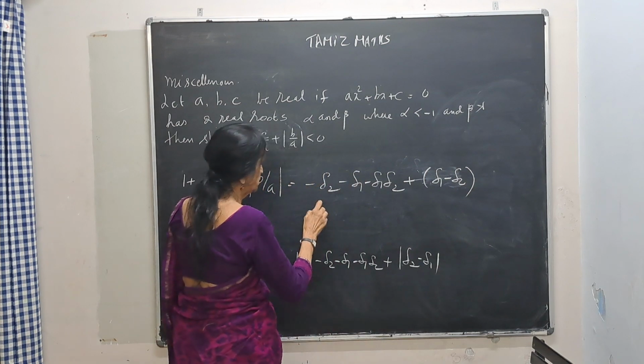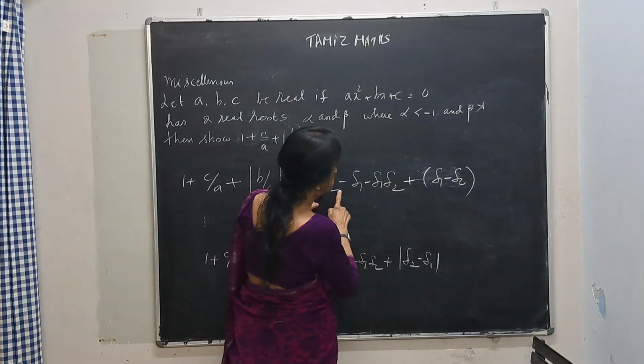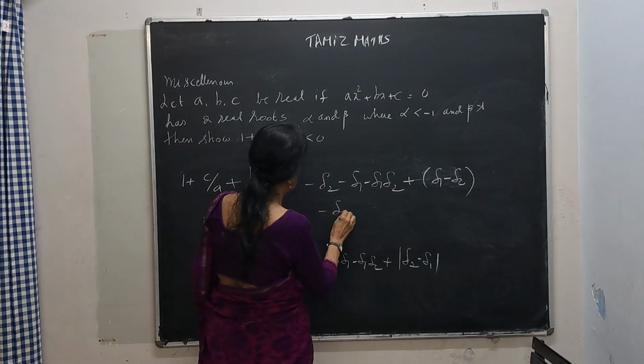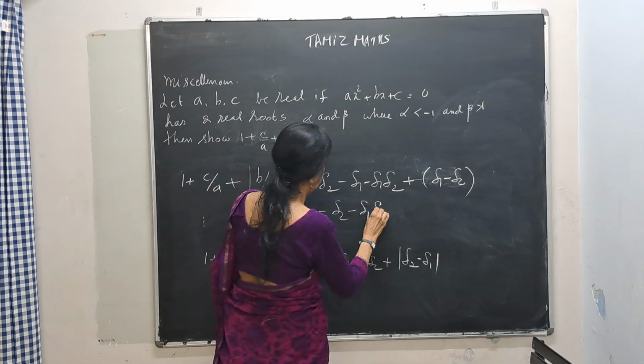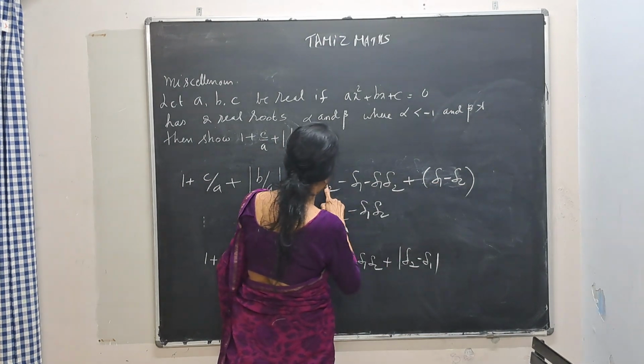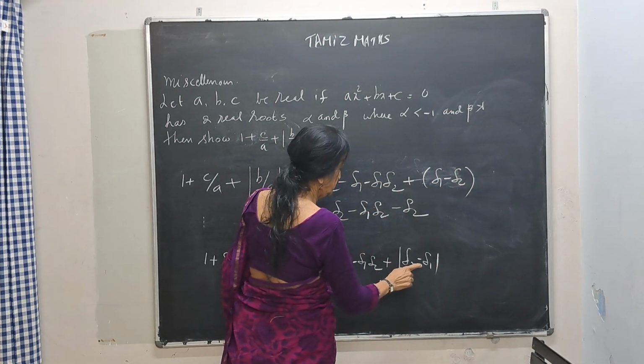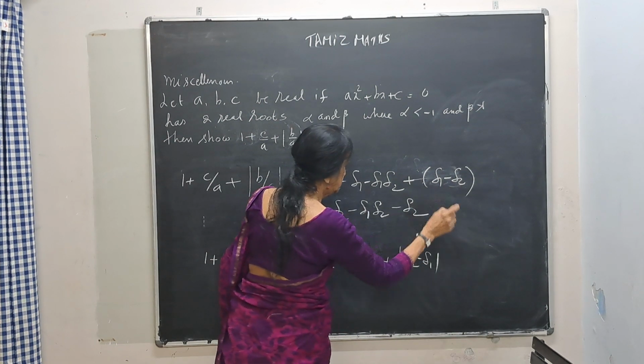So here you will find del 1 and del 1 will get cancelled. If del 2 minus del 1 is negative, it will be negative of that. So I have written the negative of that.